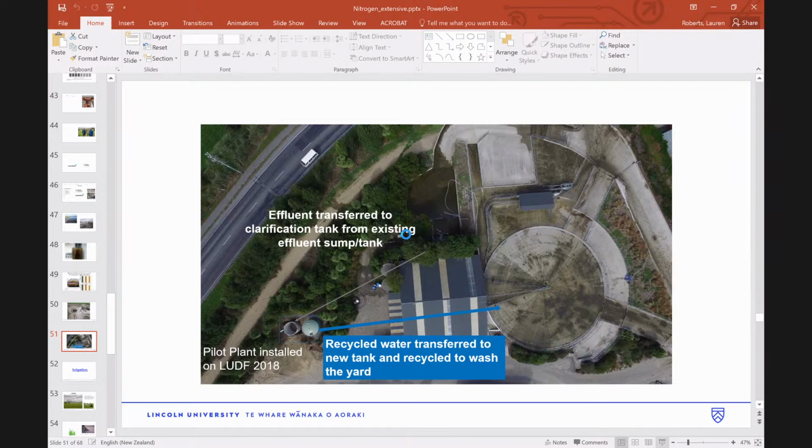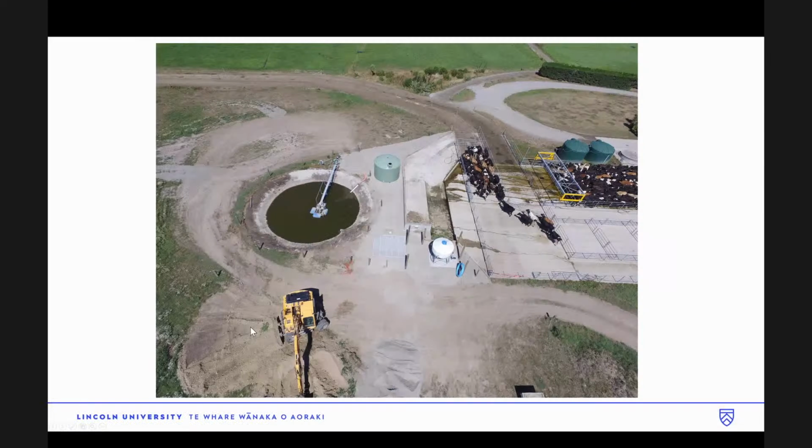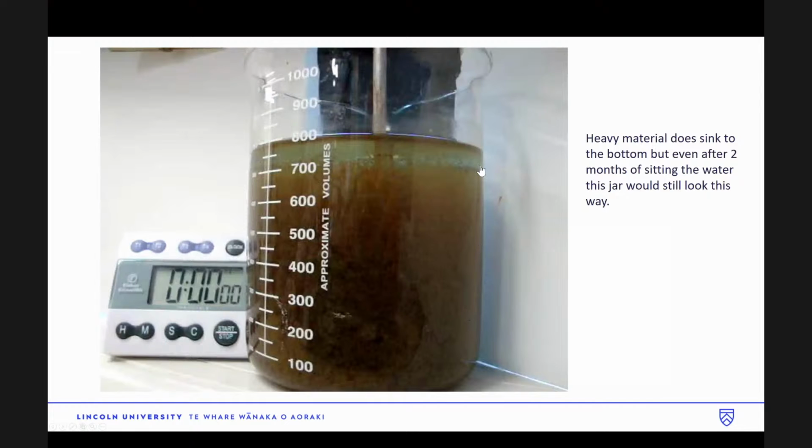So for us, it's just those 2 tanks over there, and it does reduce it quite a bit. If you were to look at your effluent, it would stay like that, like that's been there for 2 months, and there is a lot of water in there. What Cleartech does is put in an additive that separates the heavier solids from the water.